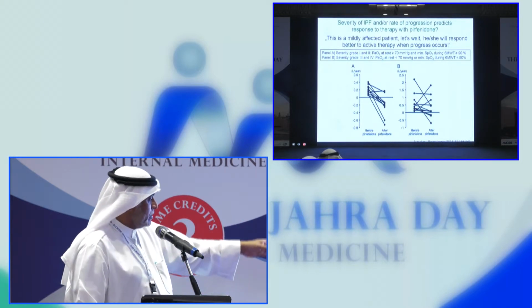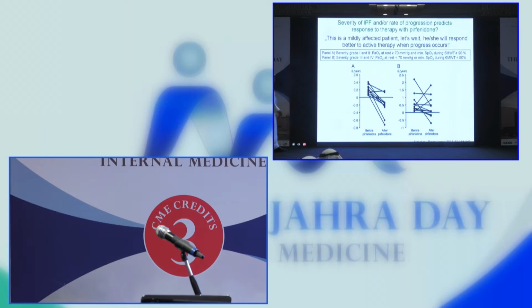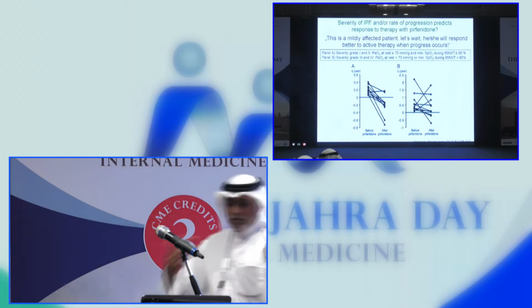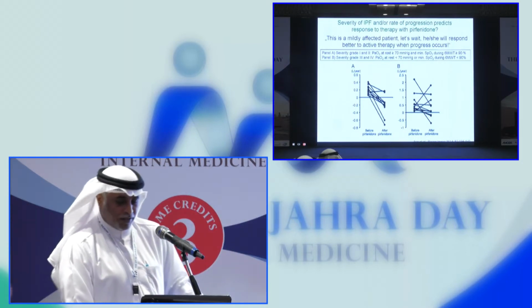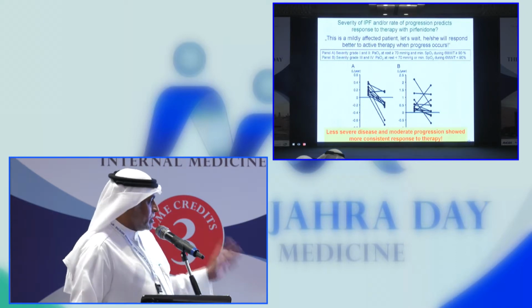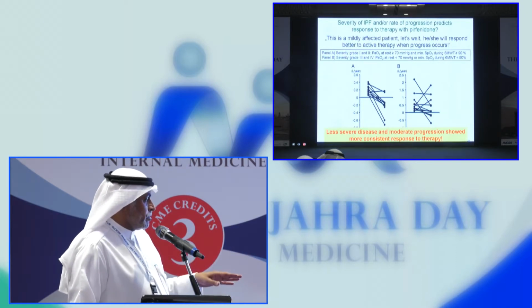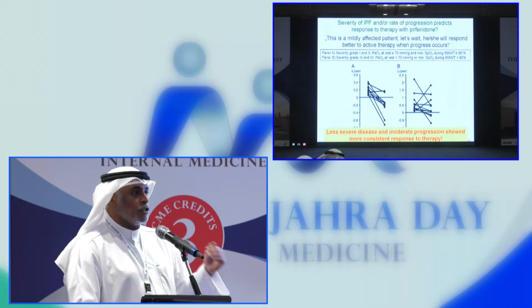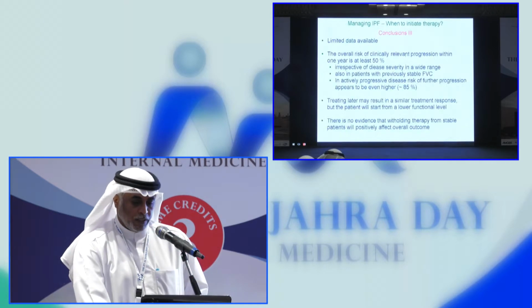If you look, this is before pirfenidone, this is after pirfenidone, and the same thing. So the less severe disease and moderate progression showed a more consistent response to treatment.